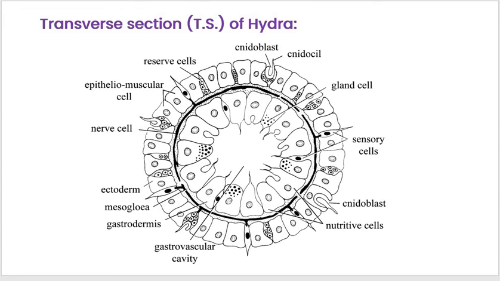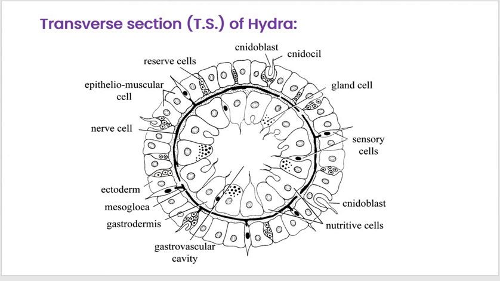It constitutes endothelial muscle cells, also called nutritive cells, and endothelial gland cells. Now this is what the transverse section of hydra is about.